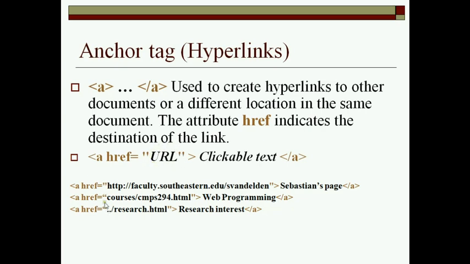There are different ways that the URL may be specified. It may be specified with an HTTP URL, which indicates an external URL address that may reside in any server anywhere in the world, or it can be specified as relative to the current page.